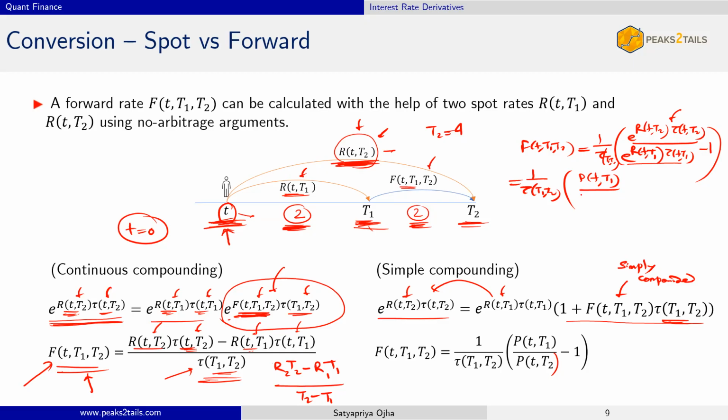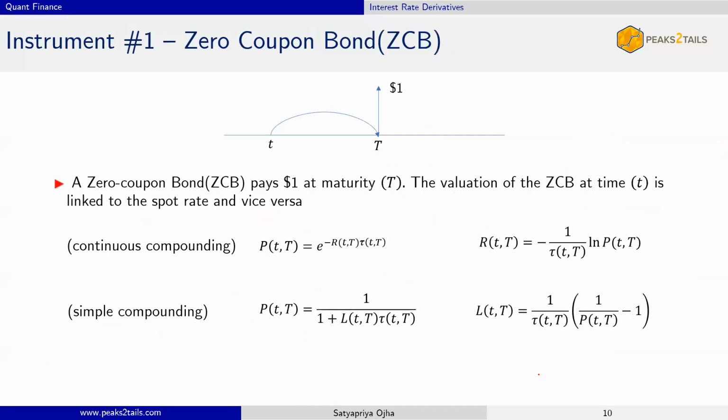So you take it down, it will become minus, and that is nothing but the zero coupon bond that matures at t2. So this is another formula. We'll come back to this. Forward rate, remember, simply compounded forward rate is purely given in terms of zero coupon bonds. You don't have to use rates if you don't need to. All right. Let's proceed.